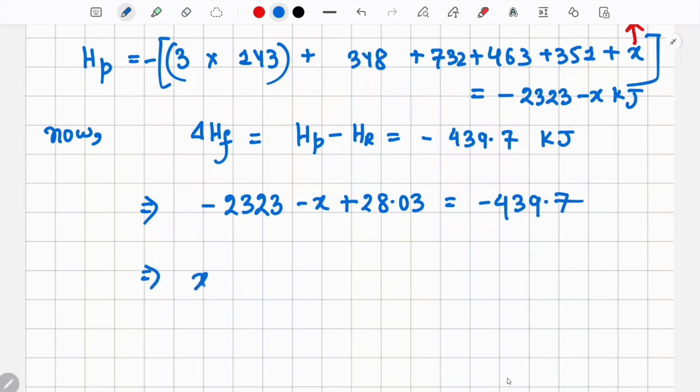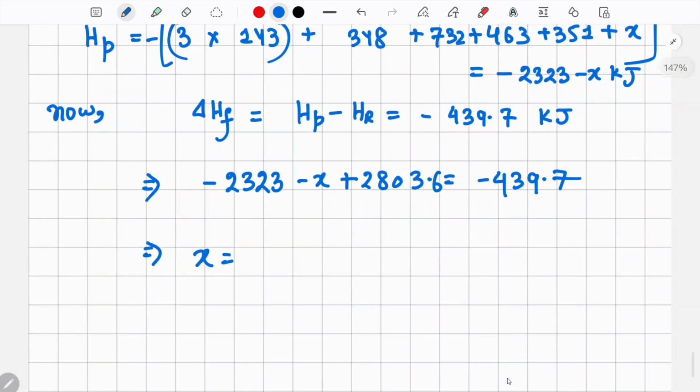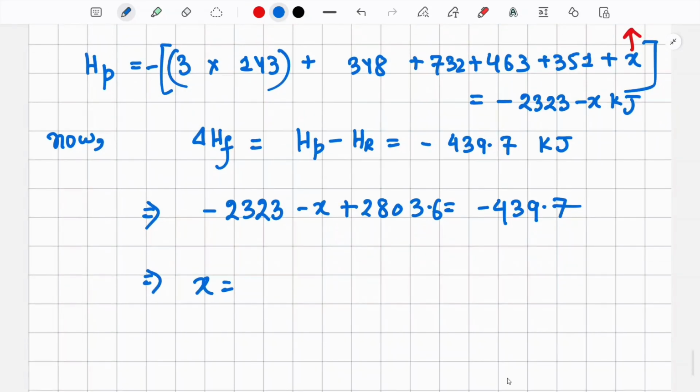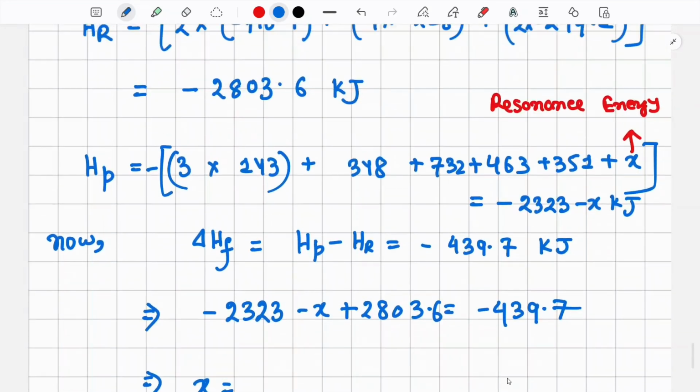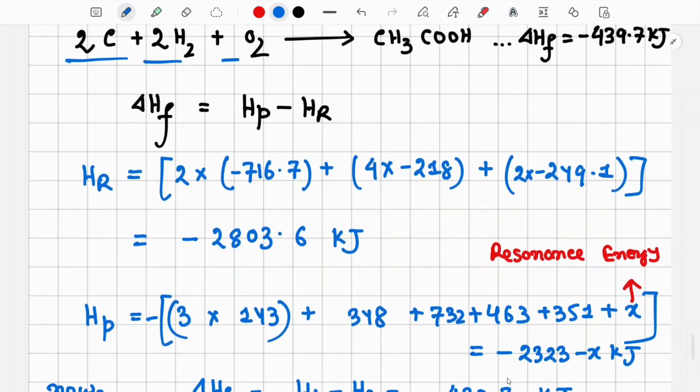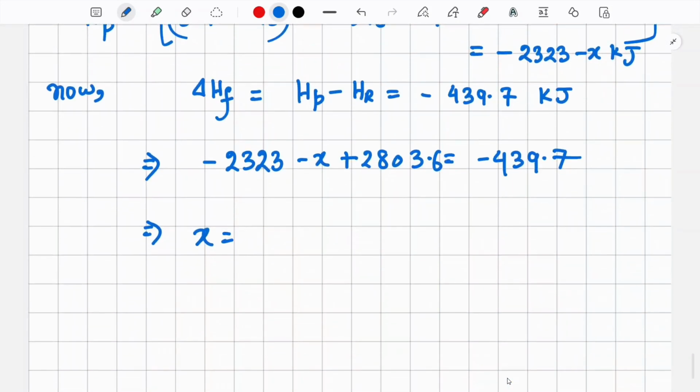So what will be the X? Minus 919.7. Sorry, plus 919.1 kilojoule, right?